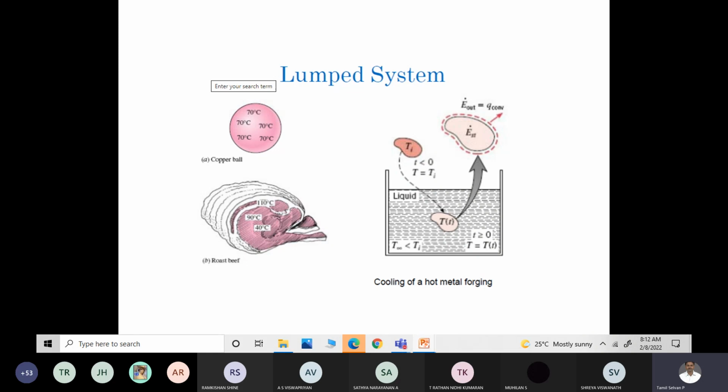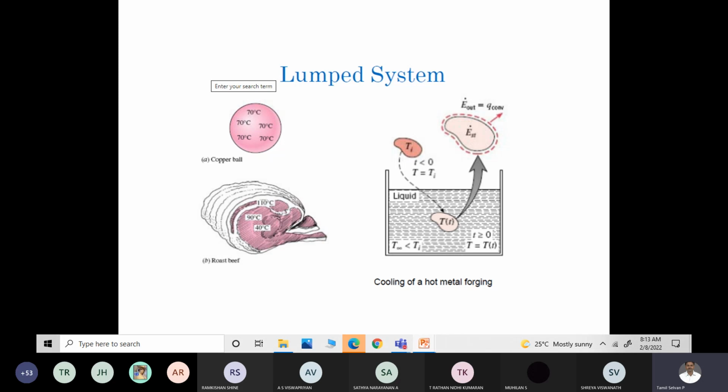If your body is small and is dropped into an environment with a very high or very low temperature, within a few minutes the temperature of the whole solid equals the temperature of the surrounding fluid.